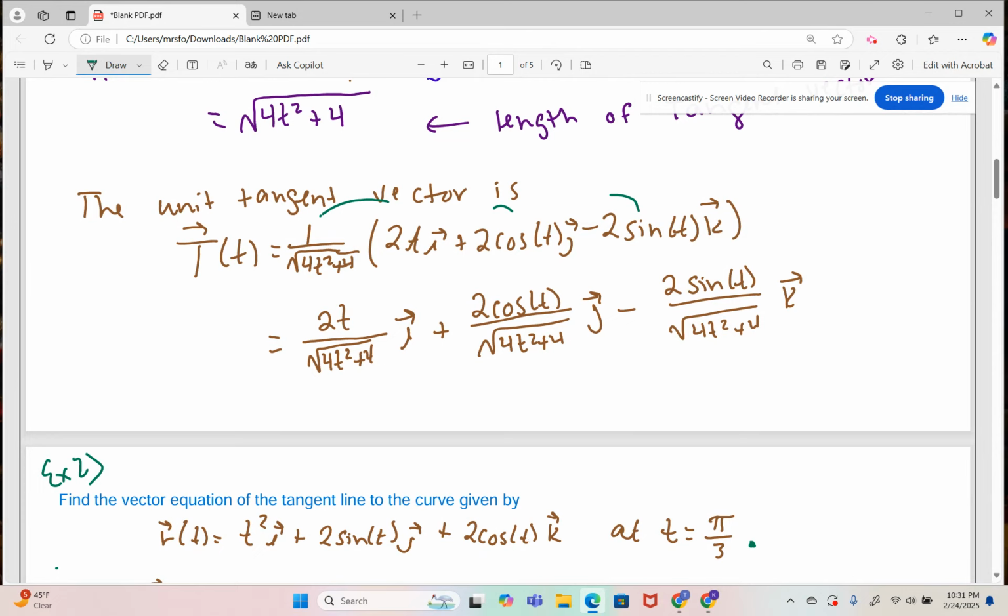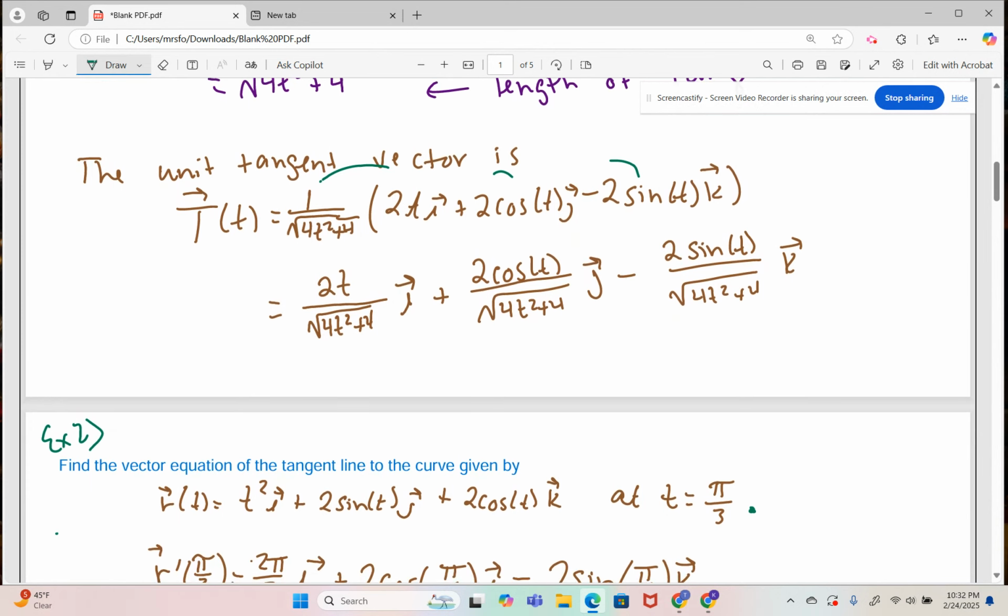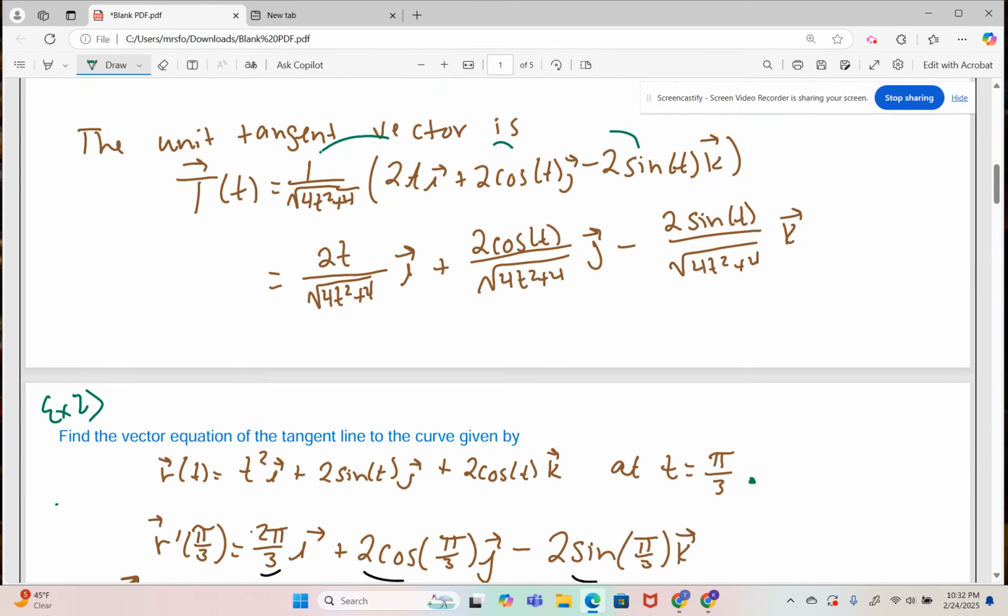Notice this is the same function we began with in example 1. So we've already found the general tangent vector. We're going to take the general tangent vector and just replace t with pi over 3. So we want to find the tangent vector when t is pi over 3.